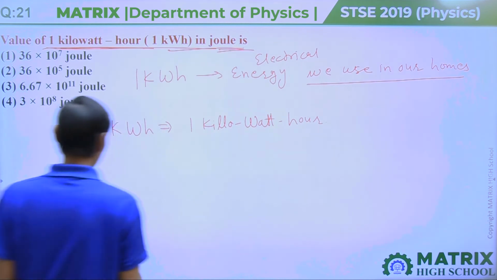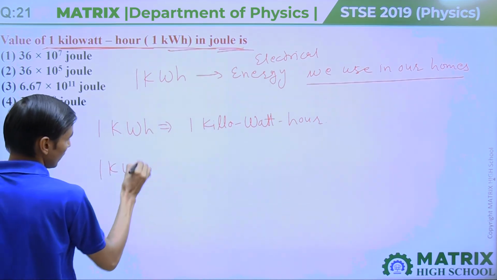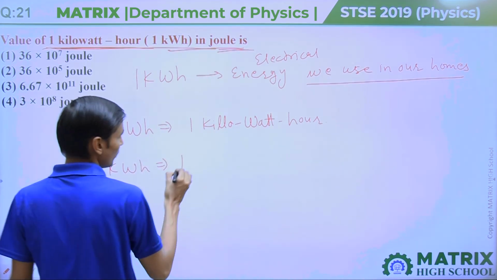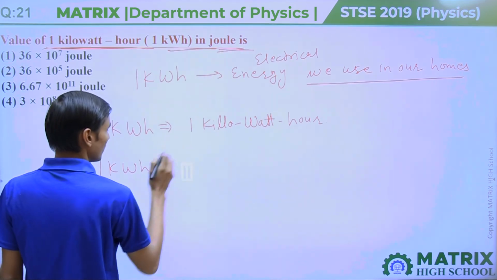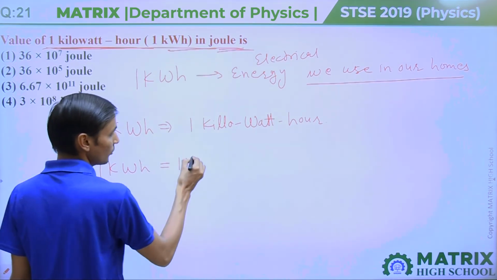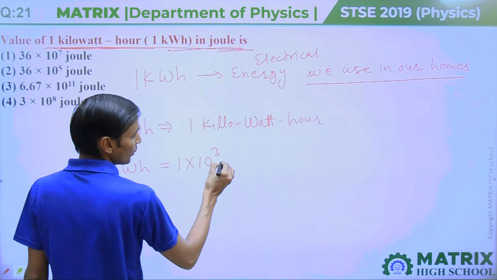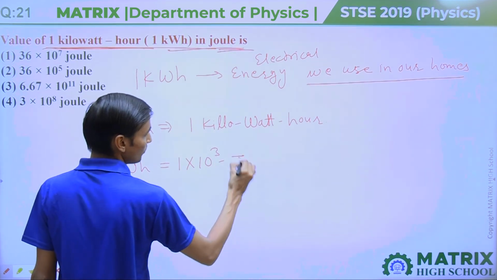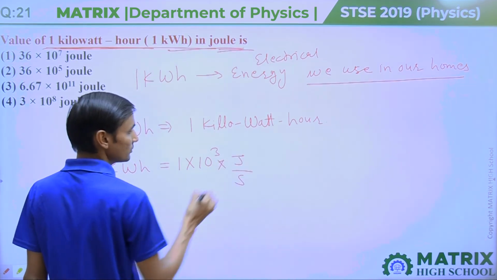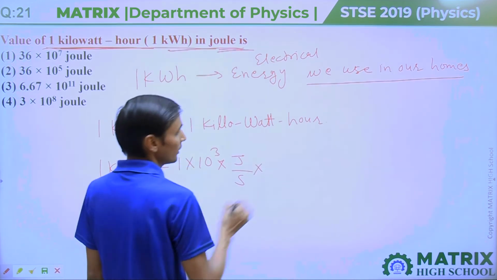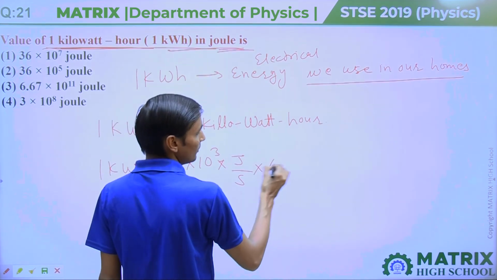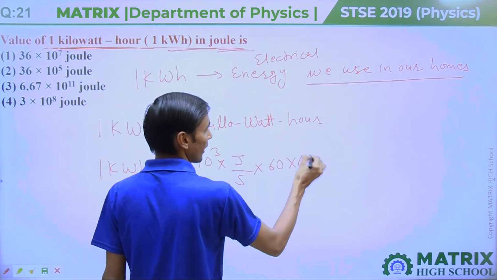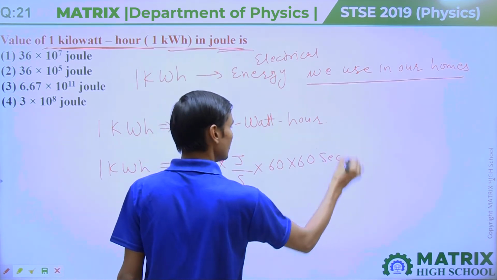Now 1 kilowatt hour we can write as 1 kilo, which means 10 raised to power 3, and watt means joule per second, into hour. In 1 hour there will be 60 minutes into 60 seconds, so this is converted into seconds.